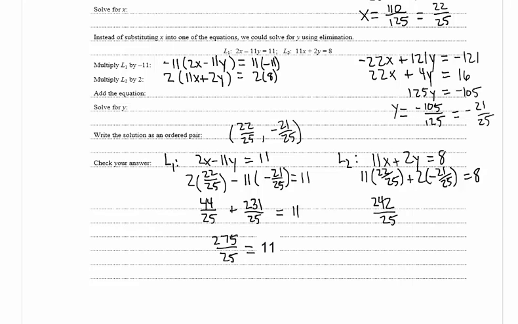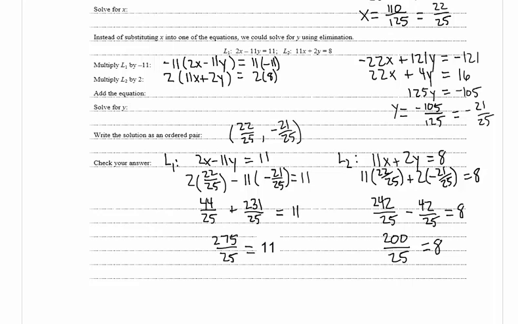And we have 2 times negative 21 over 25 is negative 42 over 25 is equal to 8. And 242 over 25 minus 42 over 25 is 200 over 25, and 200 divided by 25 does equal 8.